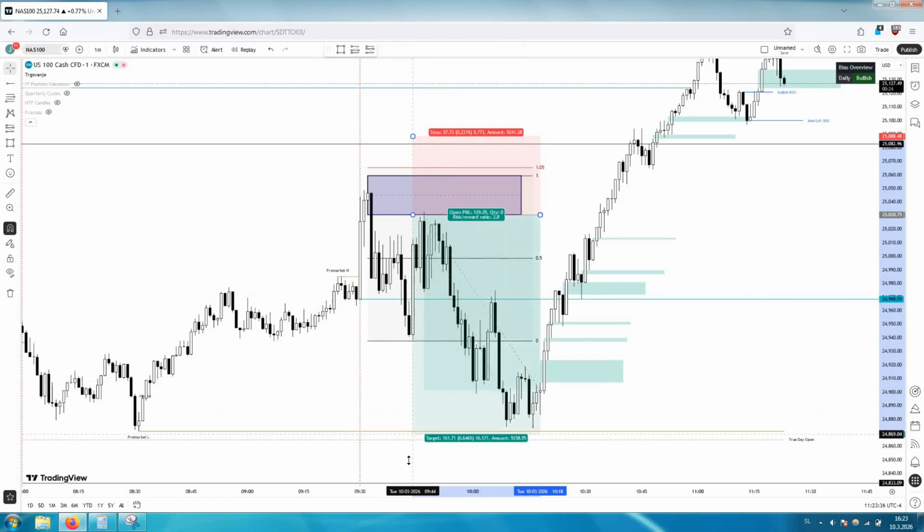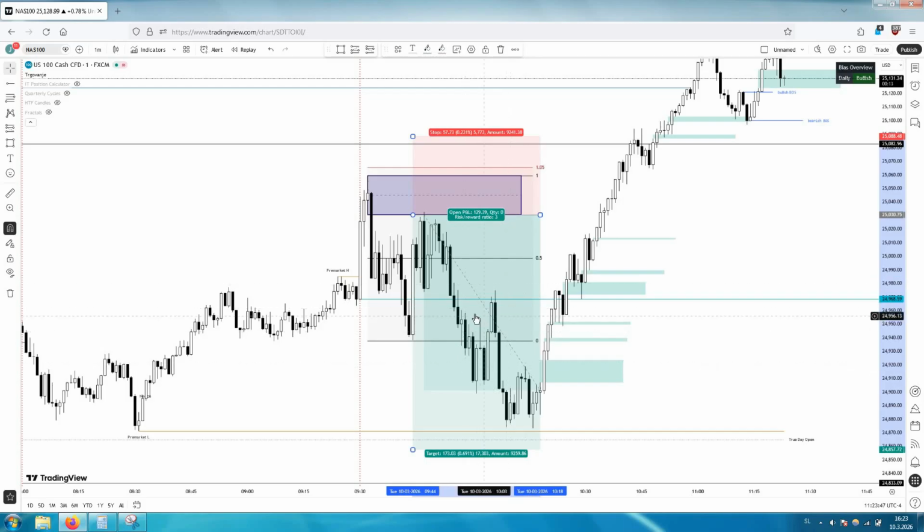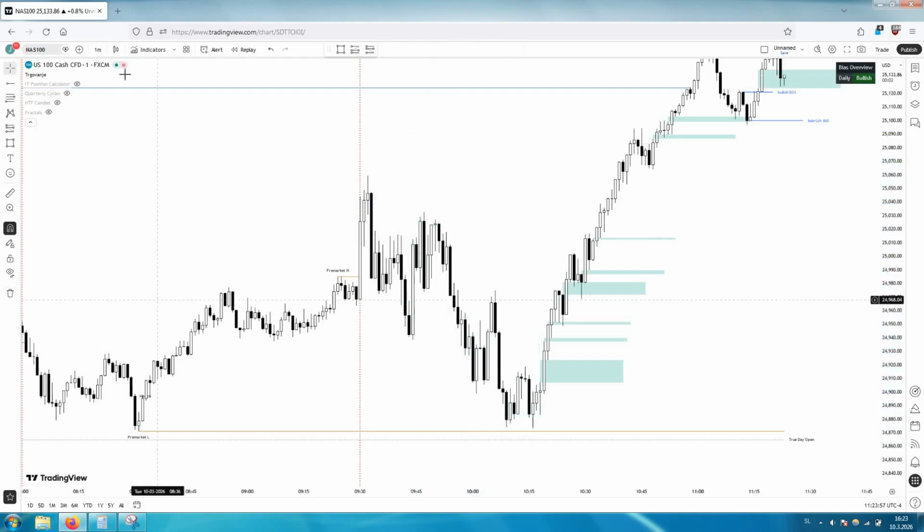Then I would target 3 risk reward, like this. And eventually I would get stopped out, but it would have been a way better trade than the one that I did at the New York market open. It's that simple, bro. So that was from today's trade.